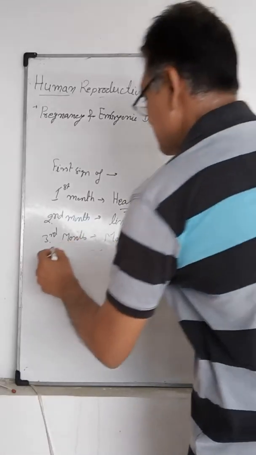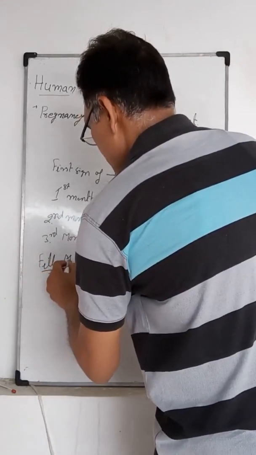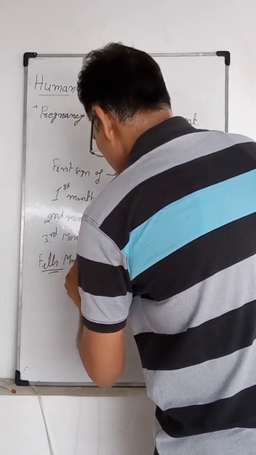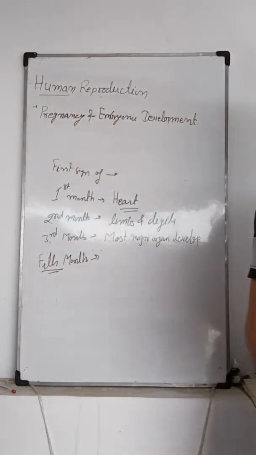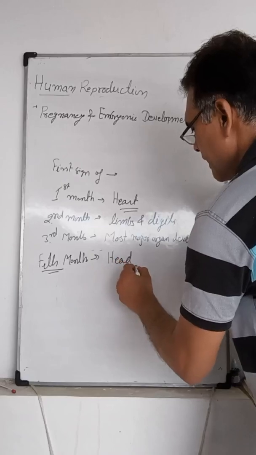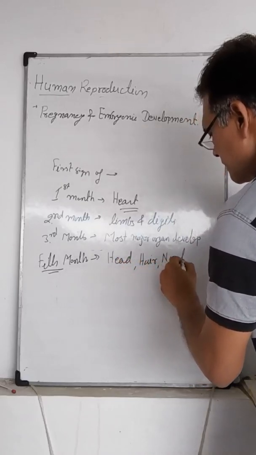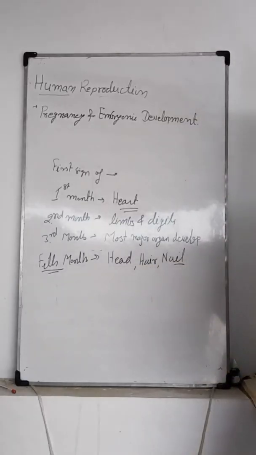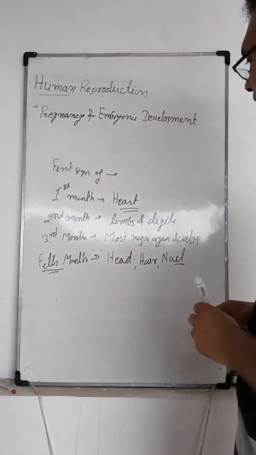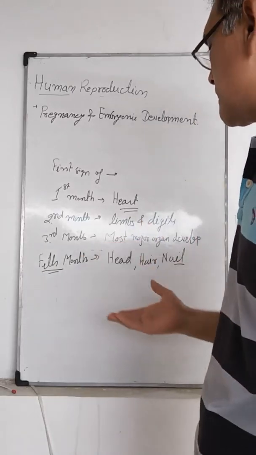In the fifth month, the head, hairs and nails appear. The body is covered by hair, and the eyelid is also clear during this month.